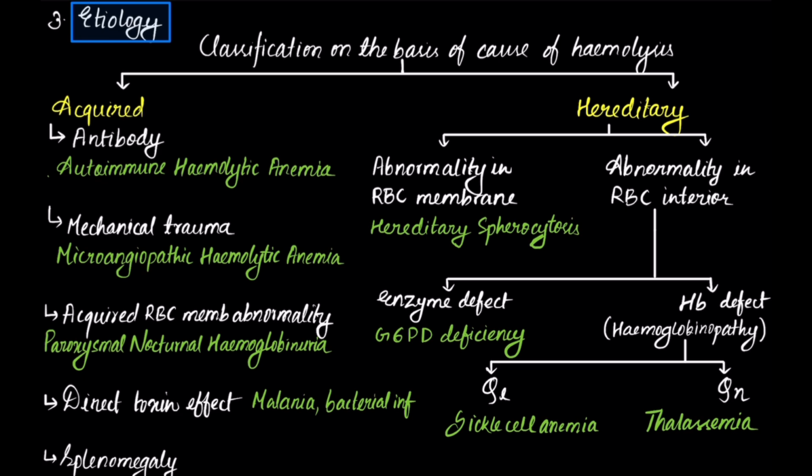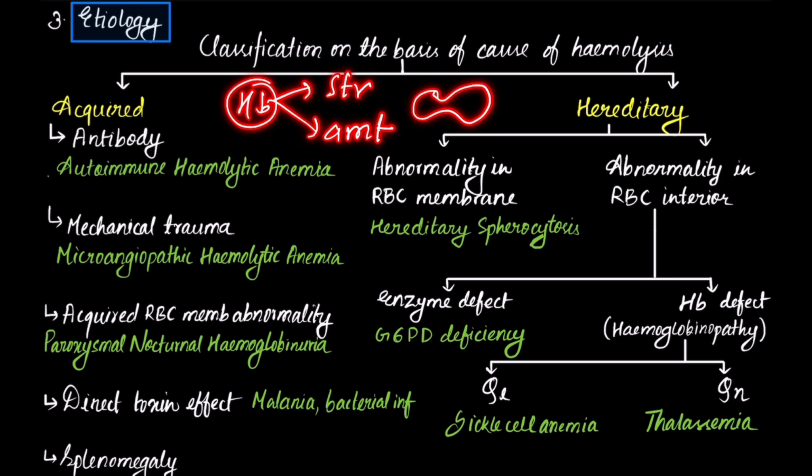Now, even within hemoglobin, the defect can occur either due to abnormality in the structure, that is qualitative hemoglobinopathy, or amount, that is quantitative hemoglobinopathy. That is, you have hemoglobin. So either there is some problem with structure or some problem with amount of hemoglobin inside the red blood cell.